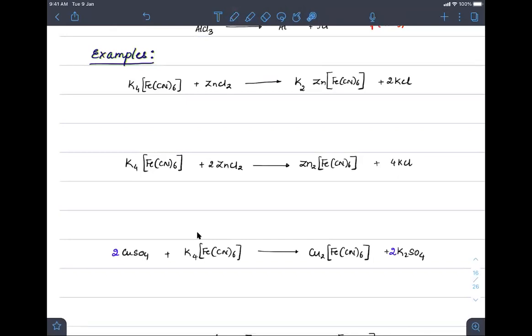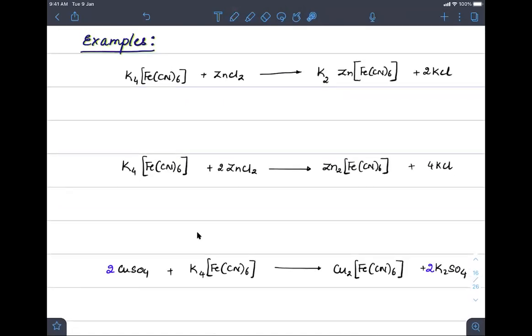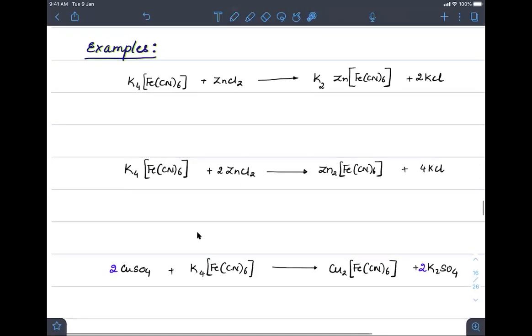K4FeCN6 plus ZnCl2 is giving this plus KCl. Now, what I know is that out of 4 potassiums, 2 potassiums were replaced by zinc. So since 2 potassiums are replaced, the N factor for this compound is 2.